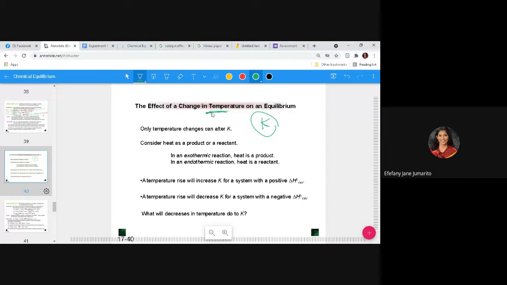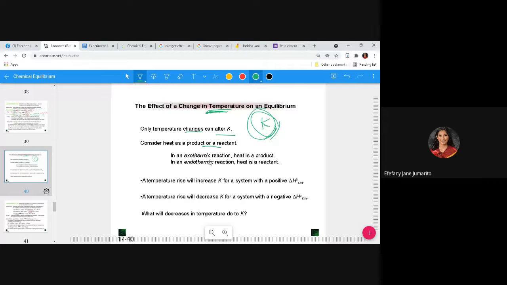Now, if your temperature is not constant, then the reaction can be altered, so your K will also be different. Only temperature changes can alter K. So if there's an alteration in temperature, then there will be a change in the K constant. So we have this. Consider heat as a product or a reactant.